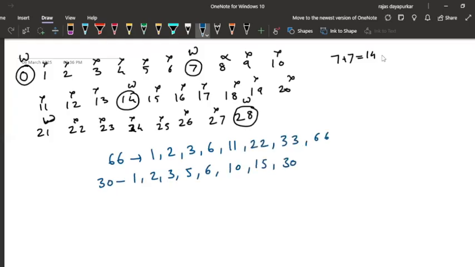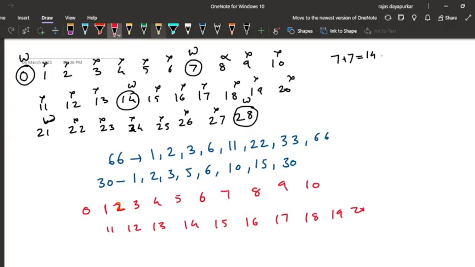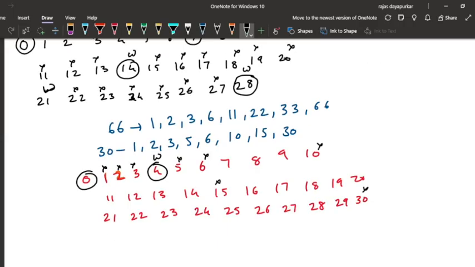Okay. So according to our strategy here, using multiples of 4 should work. So this is our winning position. So 1, 2, 3, 5, 6, 10, 15, 30. All these are losing positions. Right.